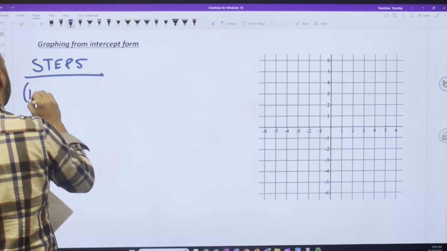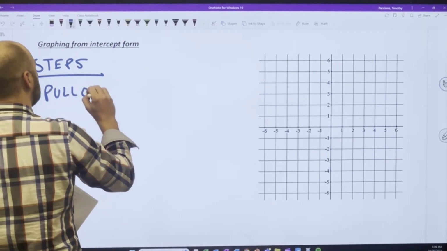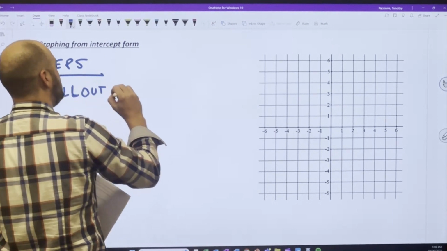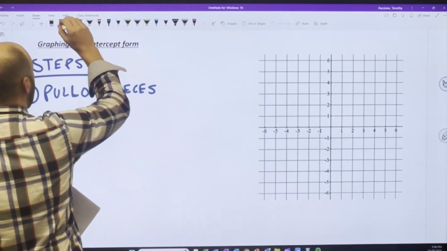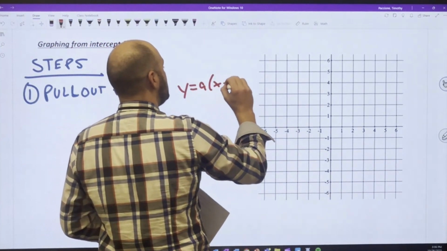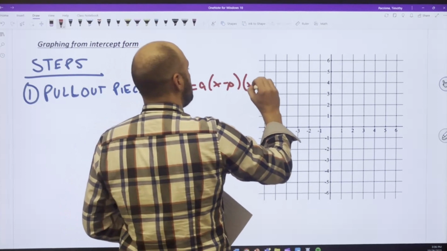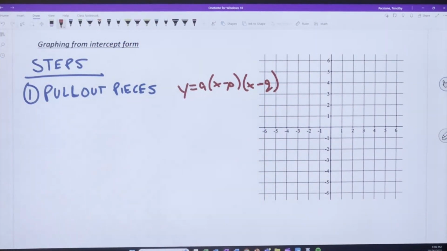Our first step is to pull out our pieces. We know our form is y equals a times x minus p, x minus q. So we need to pull out those three pieces, a, p, and q.